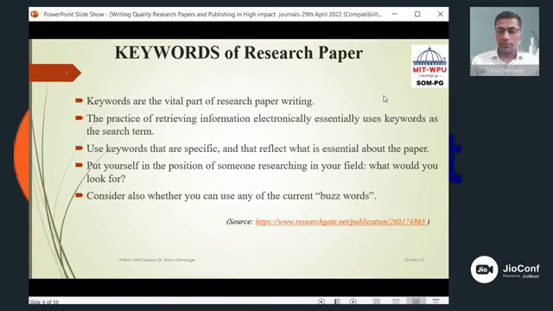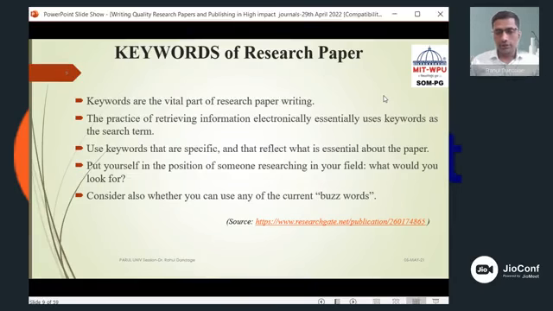The second important benefit of having appropriate keywords is, whenever you submit your research paper, it will go for the review process. Whenever the journal is identifying the reviewers who will have adequate knowledge, or the people who have expertise in the specific domain of your research work, the identification will be through the keywords.